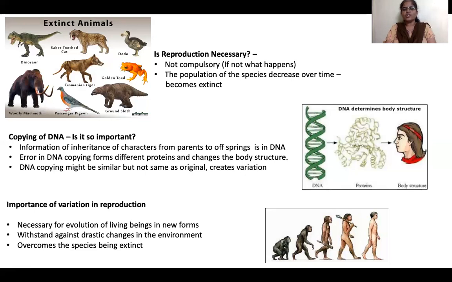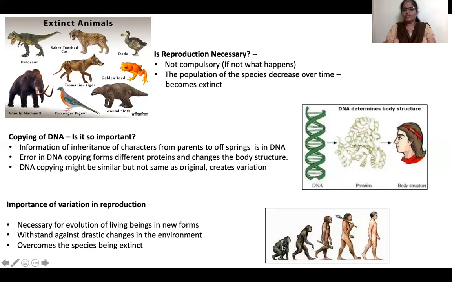Why is variation necessary? We know that due to copying of DNA from parents to offspring, a variation is created. Why is variation necessary during reproduction? Why should we have variation among ourselves? See, this is a picture showing the evolution of human beings.